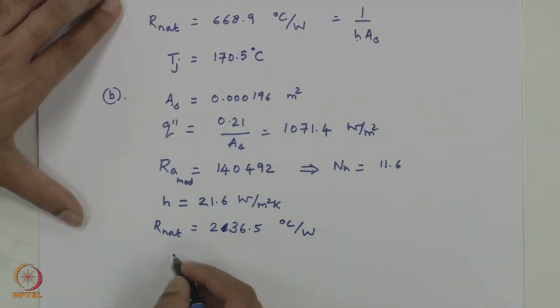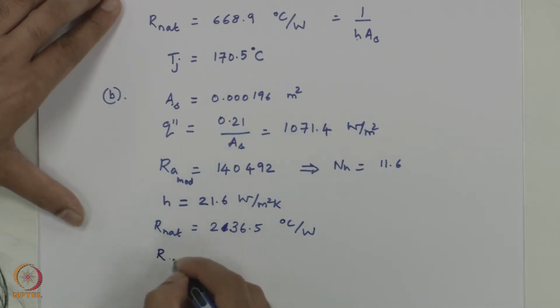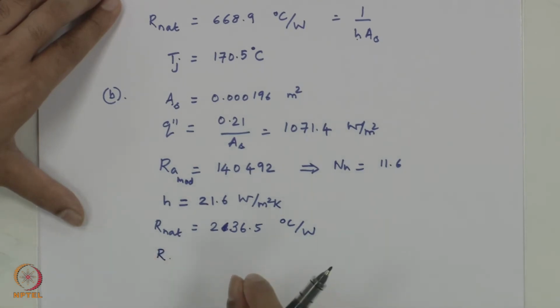But we cannot ignore the conduction resistance in the bulk, that is through the mold, because it has 1.2 millimeter thick mold, or the overall stack is 1.2, of which 200 micron comes from the silicon.